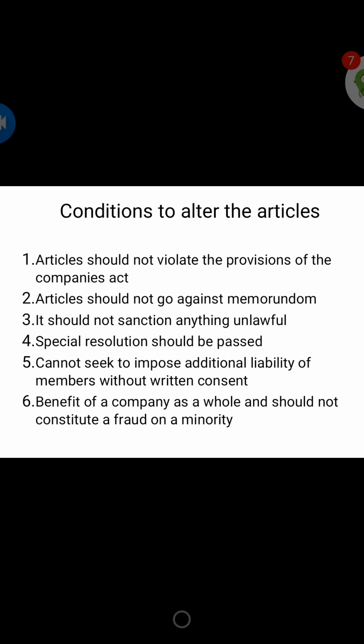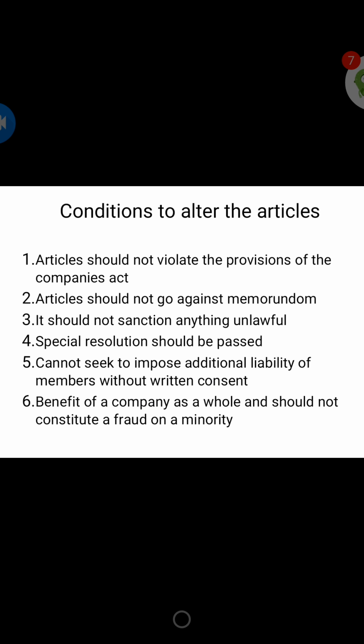So it should not go against whatever is said in the memorandum. The next is that it should not sanction any unlawful things, which means whatever changes you make in the articles of association should not be unlawful or illegal.